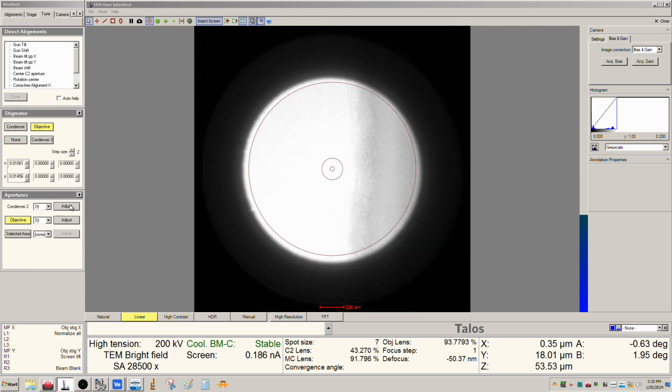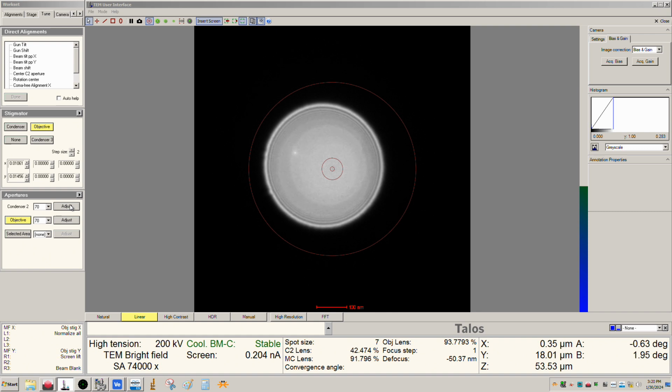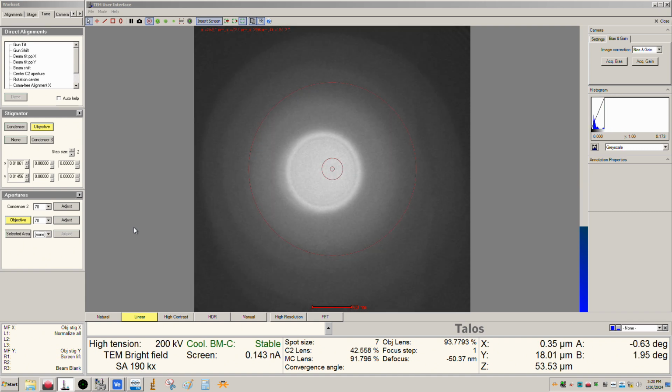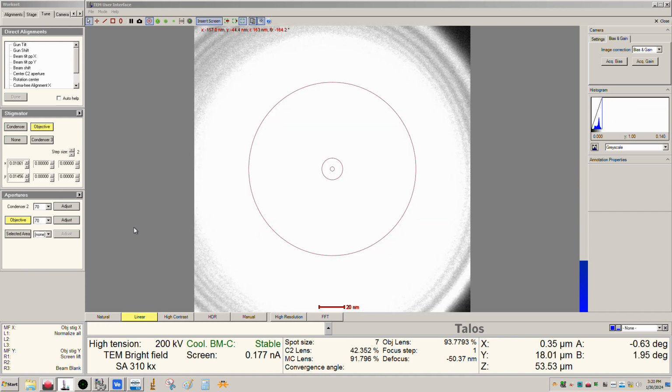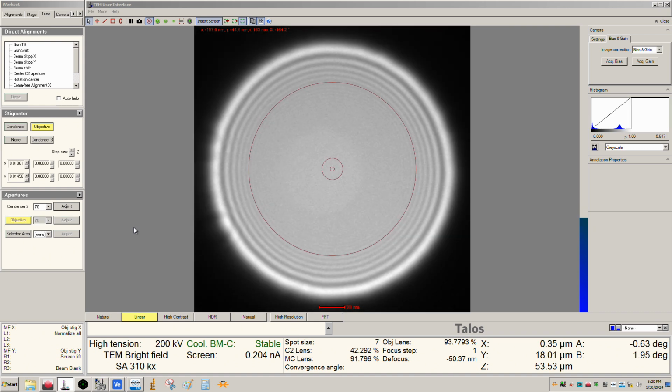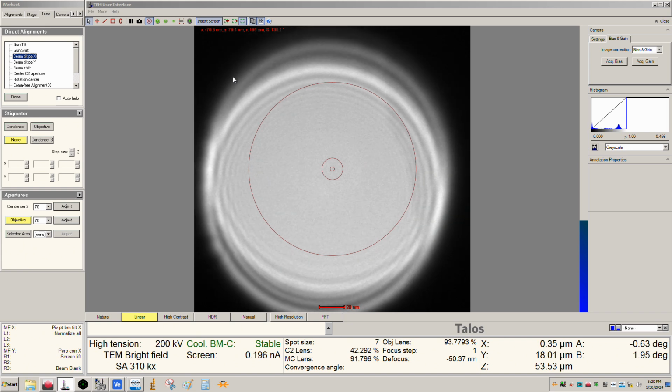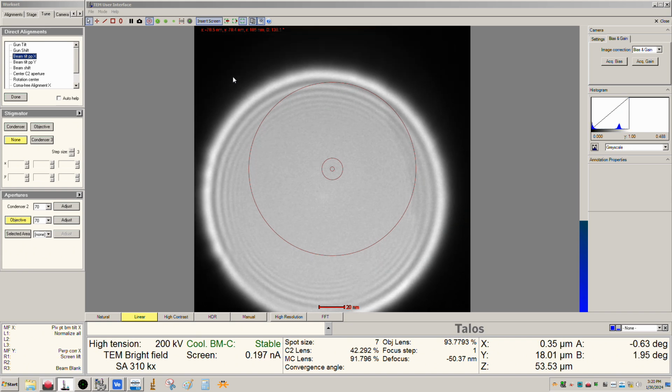Okay, that looks decent. My condenser astigmatism also looks decent. Let's check our pivot points here. All right, so that's off a little bit.